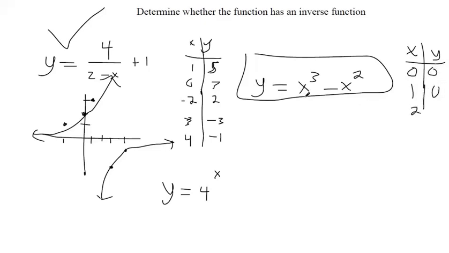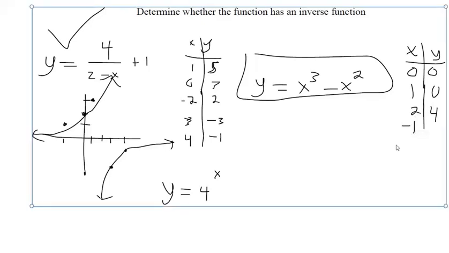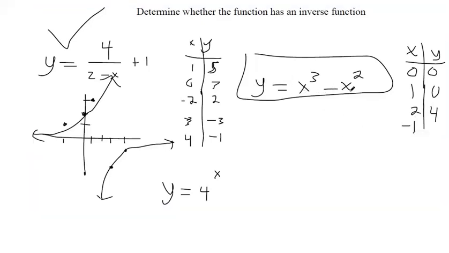2 to the third is 8. 8 minus 4 makes 4. Let's try plugging in negatives. That's -1 minus 1, is -2. If I plug in -2, that's -8 minus 4, that's -12. I'm doing it real fast because I know people following along with this video are going to be using the calculator.